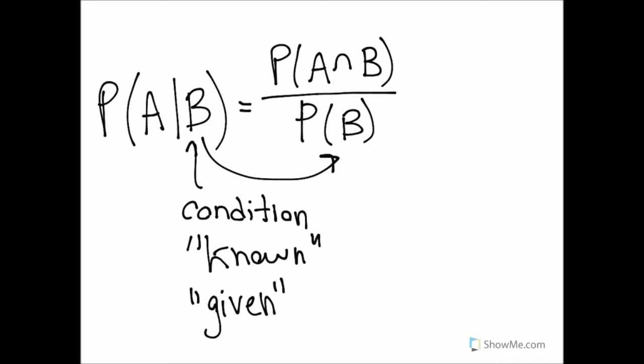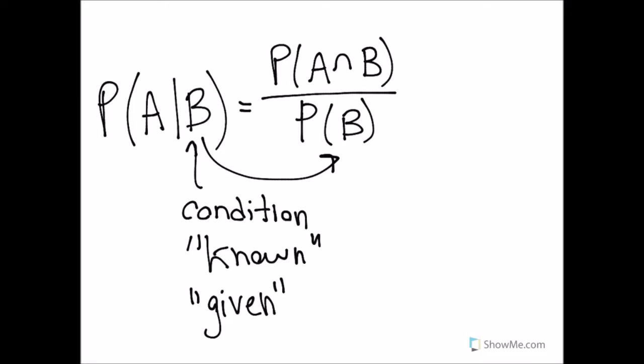Instead of looking at the entire sample space, we're simply looking at the sample space that contains B. So that becomes my denominator, because remember, when you're finding probabilities, the denominator should represent the whole sample space. But in this case, our sample space is simply B. So the probability of B goes on the bottom.